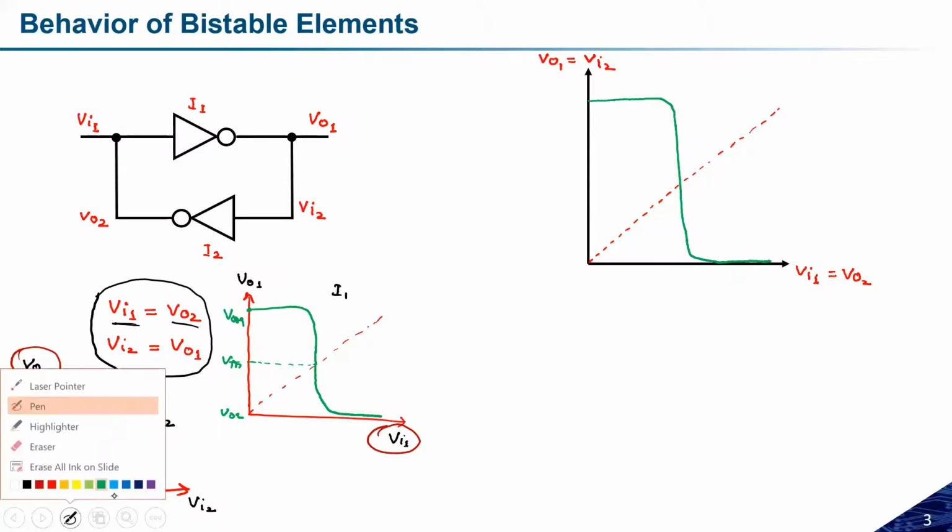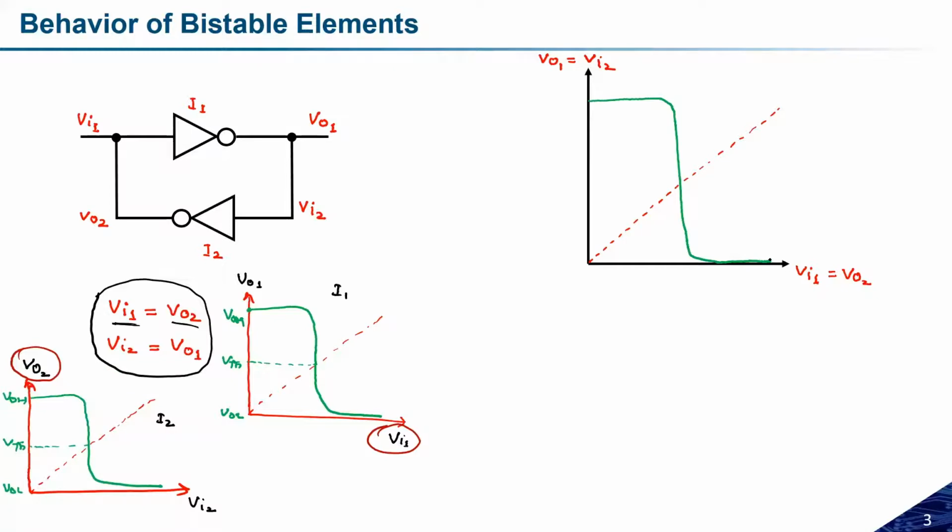If I need to change the scale, the second inverter behavior will look like this one. If both the inverters are perfectly matched or the same size, then the behavior of the second inverter will look like this one. This is how we can match the input and the output.